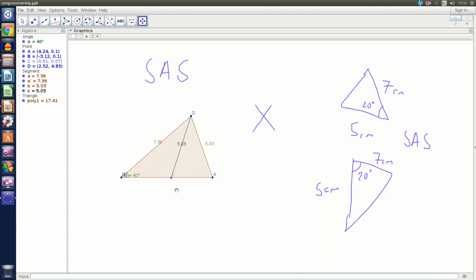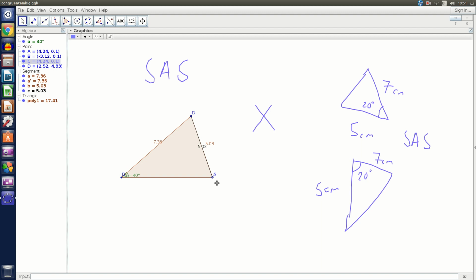Look at this diagram and you will see that if you have a triangle with length 5.03 on one side, 7.36 on another, and the angle at the end, actually there's two different, completely different shaped triangles which qualify as having two lengths, 5.03, 7.36, and an angle on the end of 40 degrees.